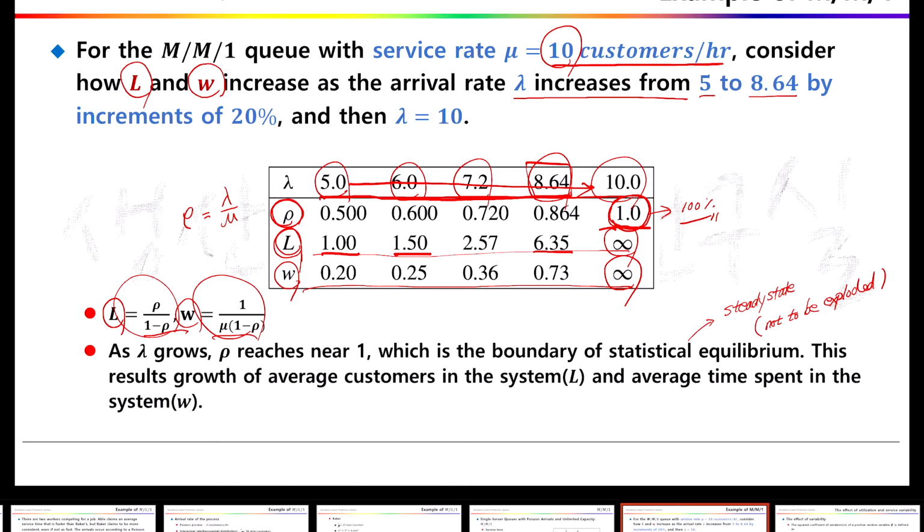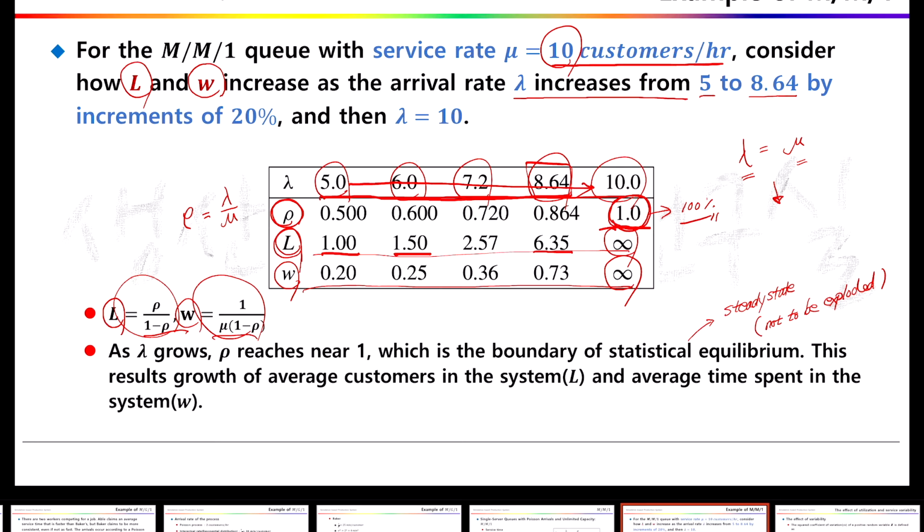So in this case, if lambda equals mu, it means that the service rate and arrival rate are the same, and the model explodes.